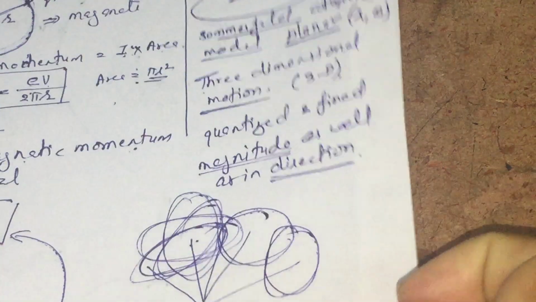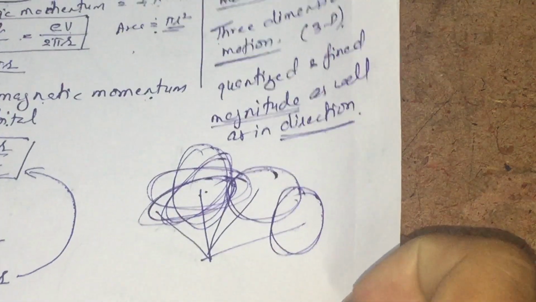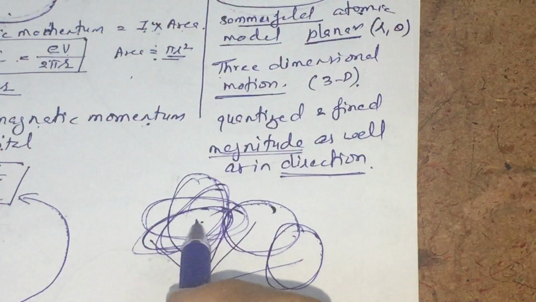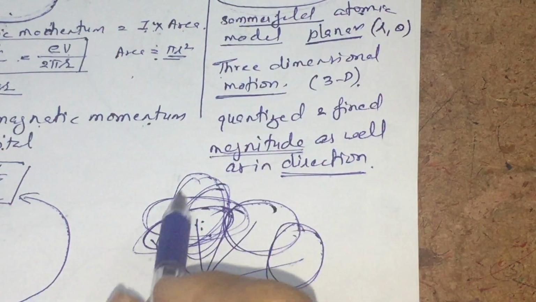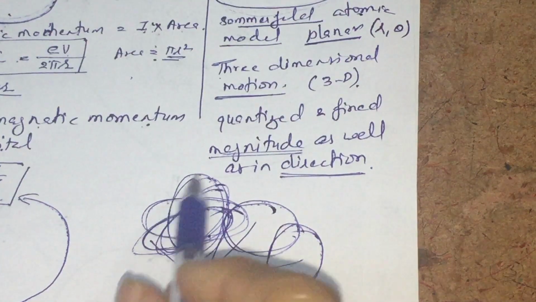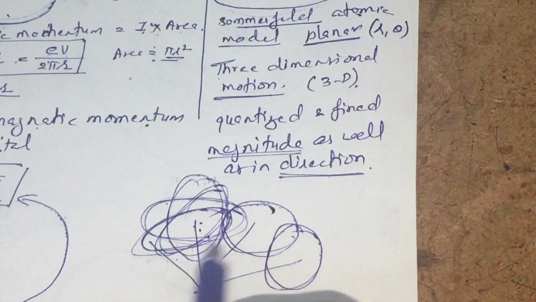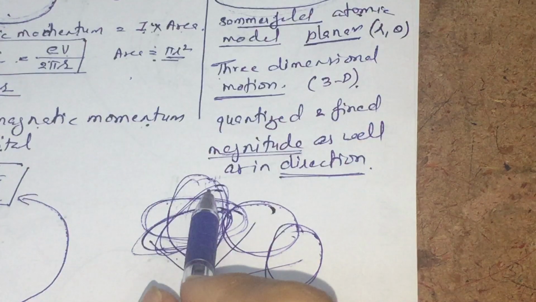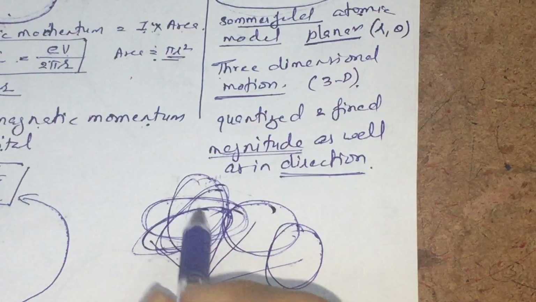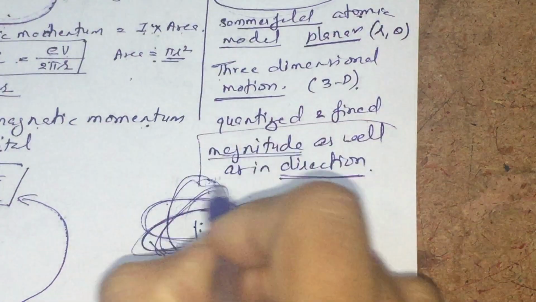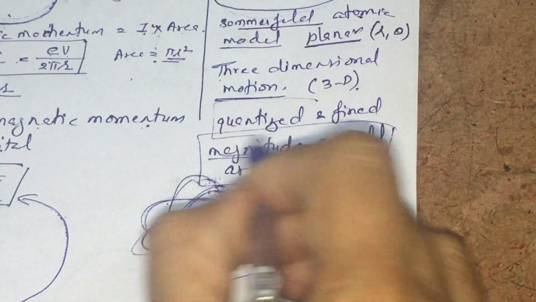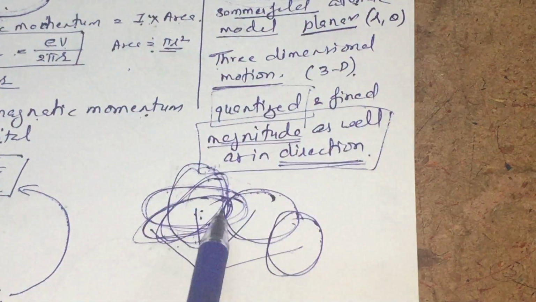We can easily, with the help of an experiment, find out that these orbits are quantized. It means not every elliptical orbit is there in which the electron can move. From all these infinite number of orbits, only some specific orbits, that is quantized orbits, are there in which the electron is moving.